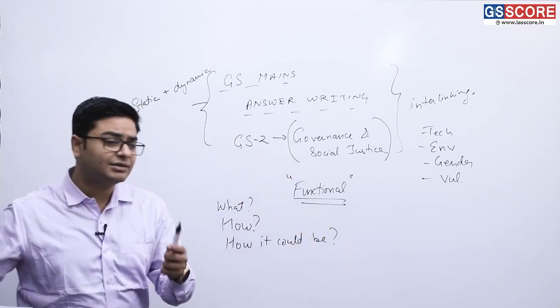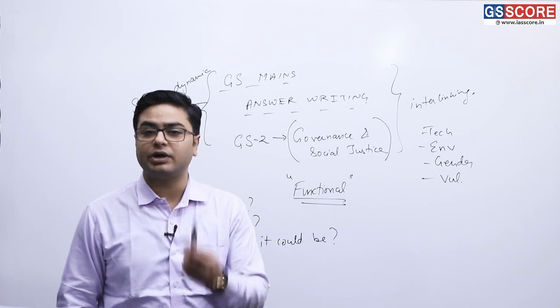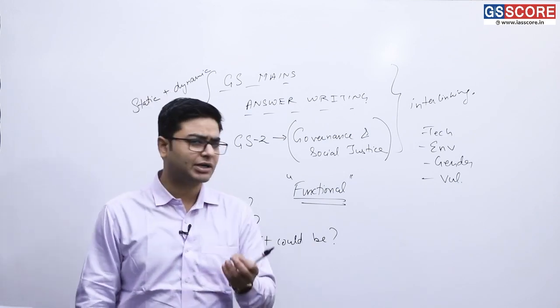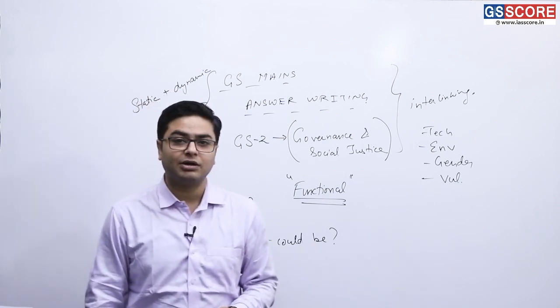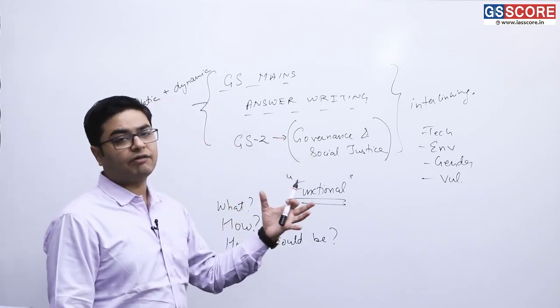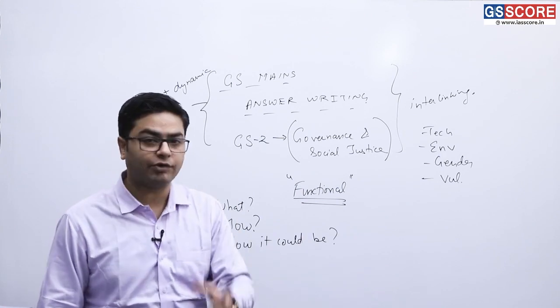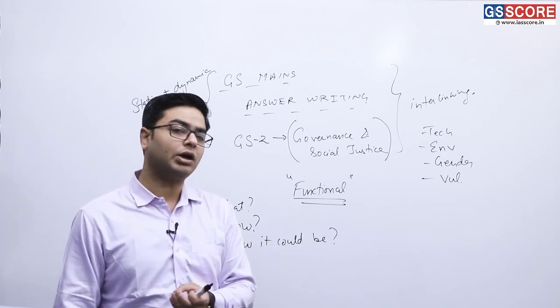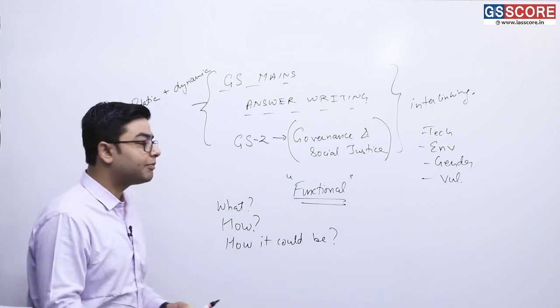Right? That is something very pertinent for us to note. It might sound a bit confusing to begin with, but as we discuss the idea of governance and social justice and the theme for today, it will get clearer. So let us proceed.